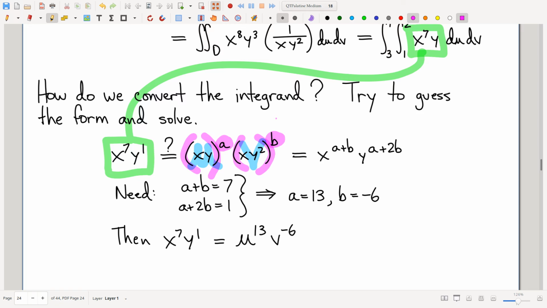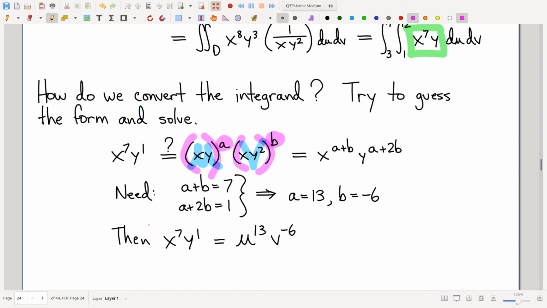Okay, so it's going to be different for every example. Don't make the mistake of thinking that you can always just say, okay, it's always a product of powers. No, it depends on what kind of structure your integrand looks like. And it depends on what your u and your v look like. And every example is different.